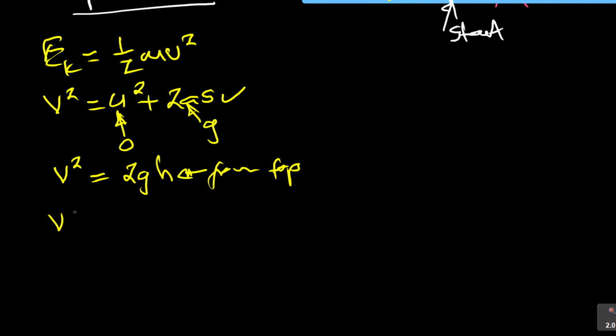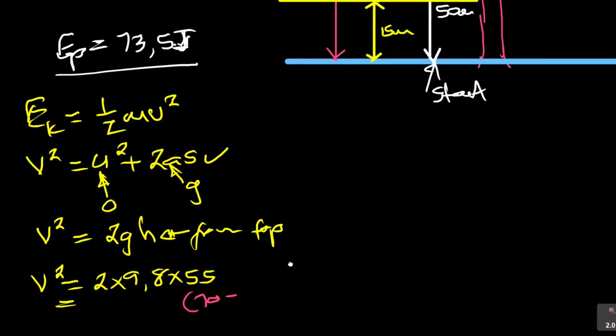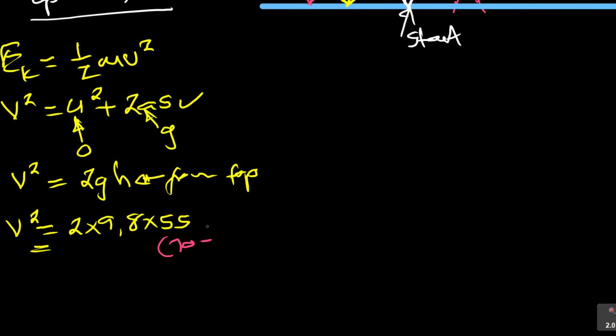So v squared is equal to 2, then they'll give you your g, 9.8, and then we said it fell 55 meters. But it's also fine to write 70 minus 15 here. You can just show that working.